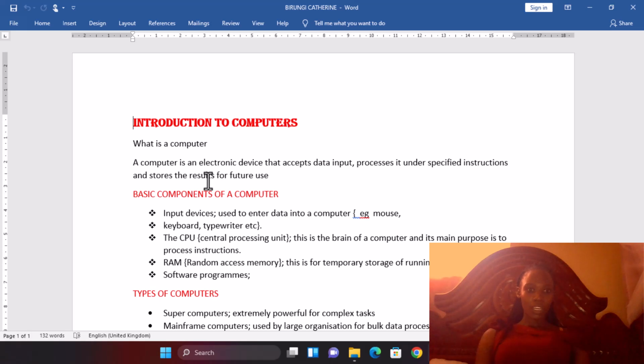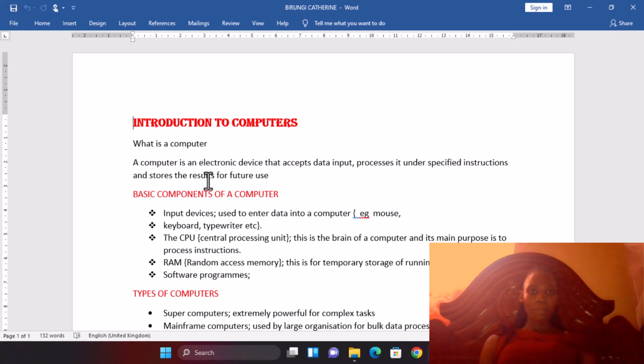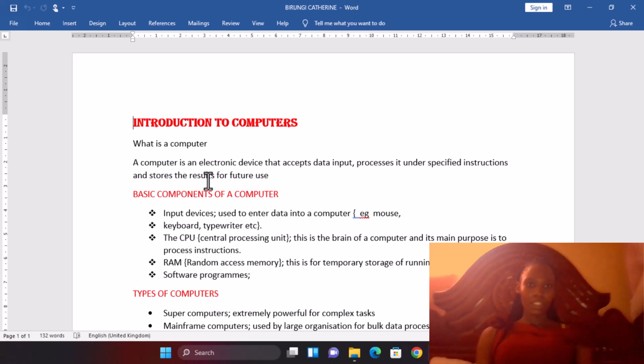succeed in your work. Then we can also talk about the CPU, that is the central processing unit, which is always known as the brain of the computer. Take an example: if you are a human being, for your body to perform its functions very well, it must have the brain.